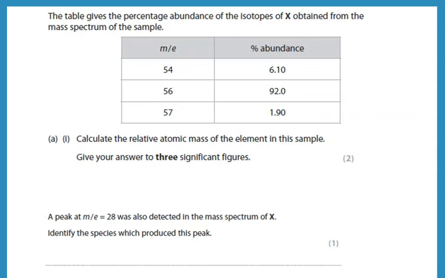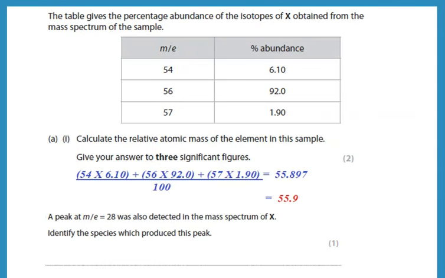For example, this was a question that says the table gives the percentage abundance of the isotopes of X obtained from the mass spectrum of the sample. And he's saying calculate the relative atomic mass of the element. Remember, we said how do we calculate the relative atomic mass of the element? The mass times the abundance plus the mass times the abundance and so on.